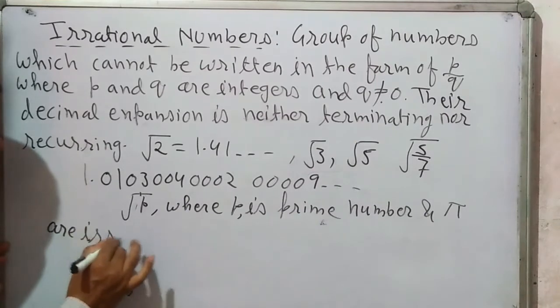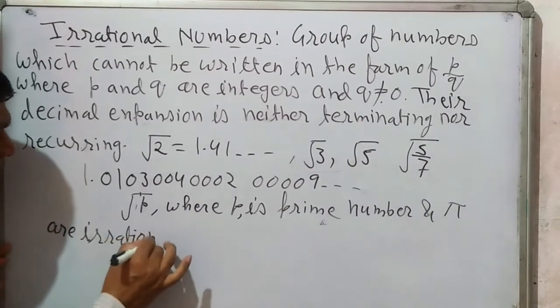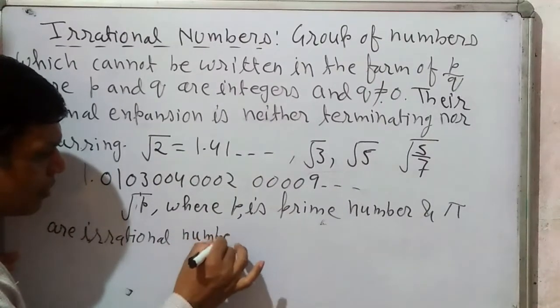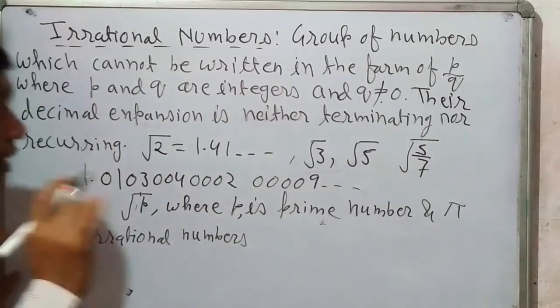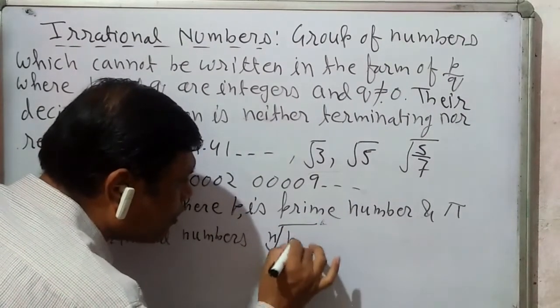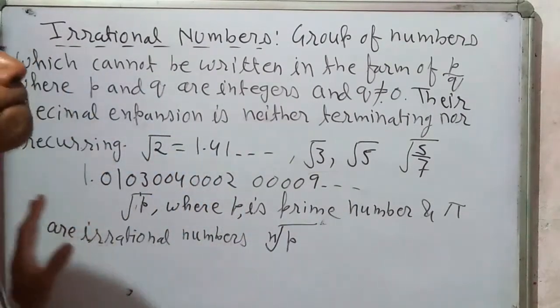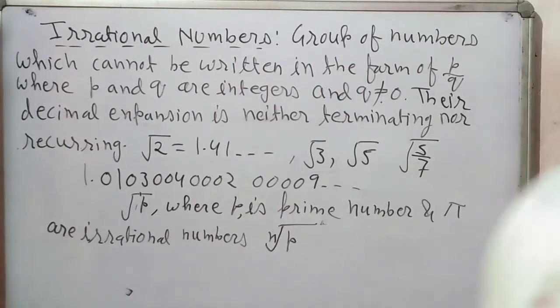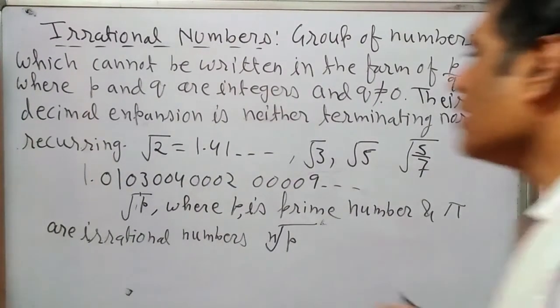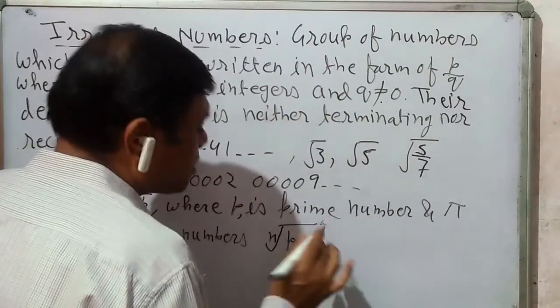These are two basic examples of irrational numbers. Also, if we take nth root of any prime number, that will also be an irrational number. Nth root of any prime number will also be an irrational number.